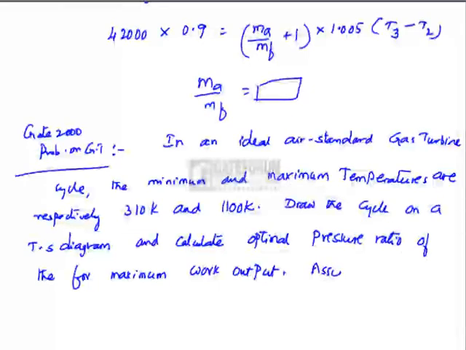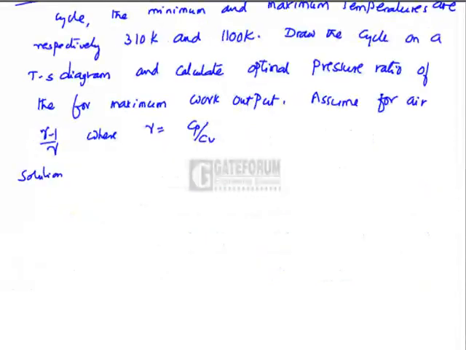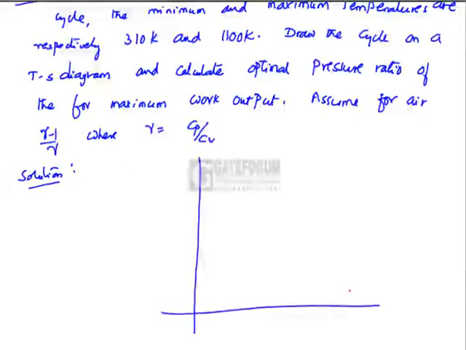Assume for air gamma minus 1 by gamma, where gamma is Cp by Cv or ratio of specific heats for air, as 1.4. Now the solution to this problem could be given like this. First of all, let us indicate ideal Joule cycle or ideal Brayton cycle on temperature entropy diagram.